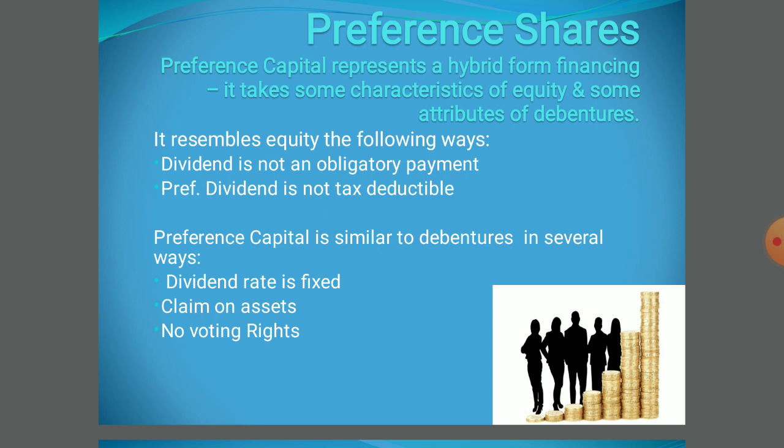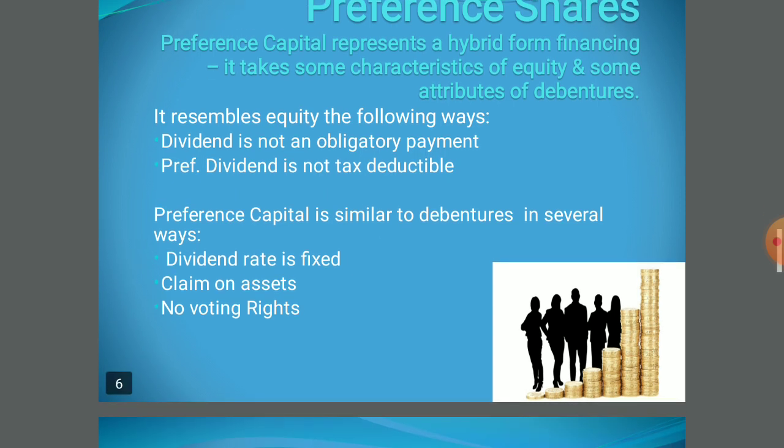But in case of preference shares and equity shares, the amount of dividend which is paid to these shareholders, you cannot deduct it from the profit. So the company has to pay the tax on the amount of dividend which is given to these people.